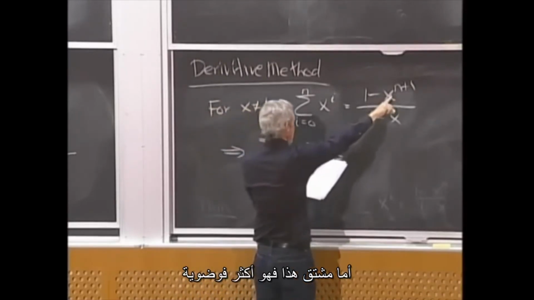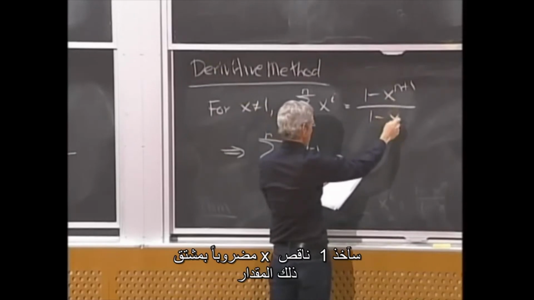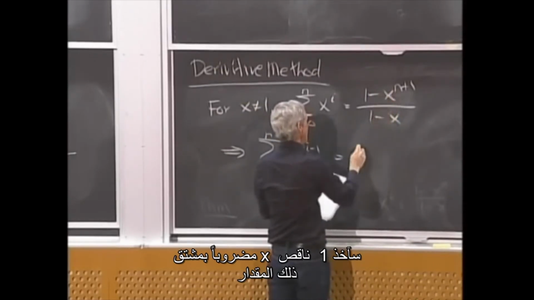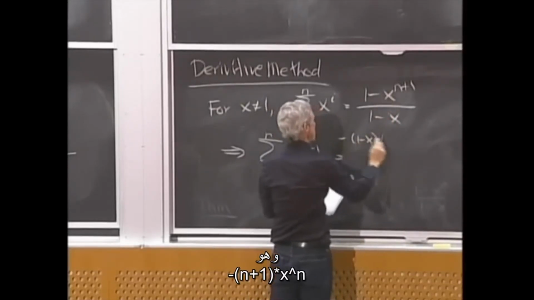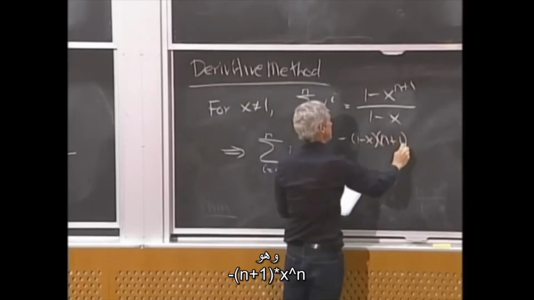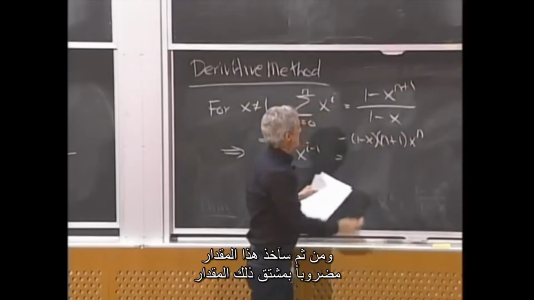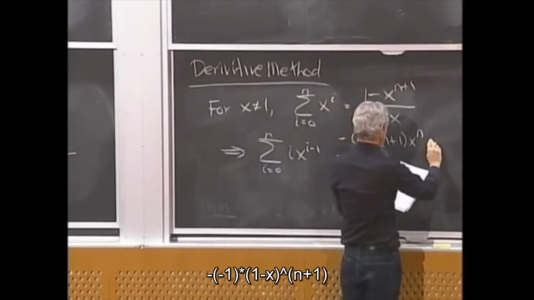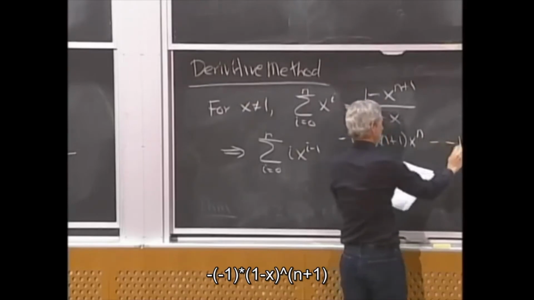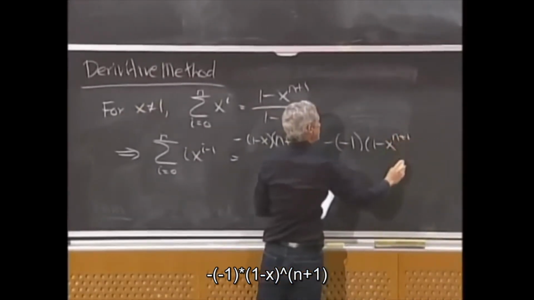The derivative over here is a little messier. I take 1 minus x times the derivative of that. The derivative of this is now minus n plus 1 times x to the n. Then I take this times the derivative of that, which is now minus 1 minus x to the n plus 1.